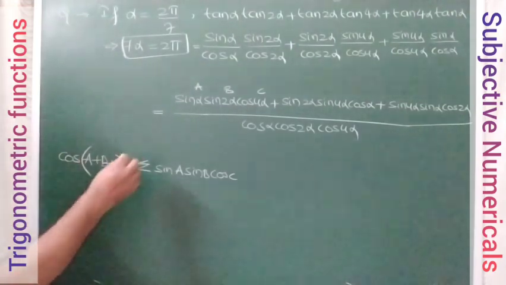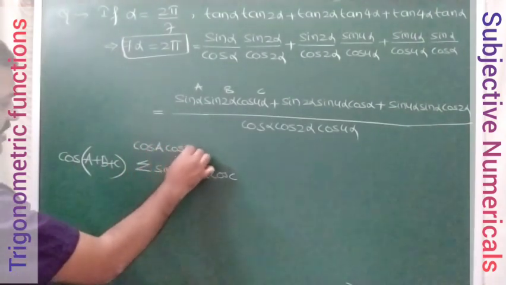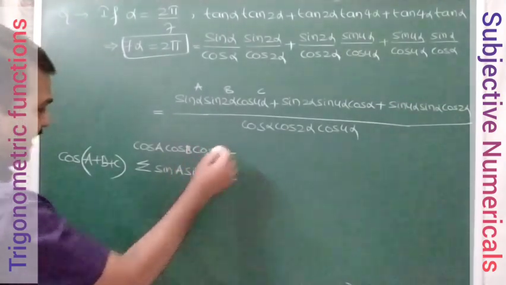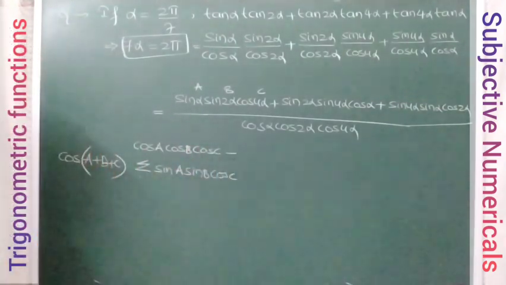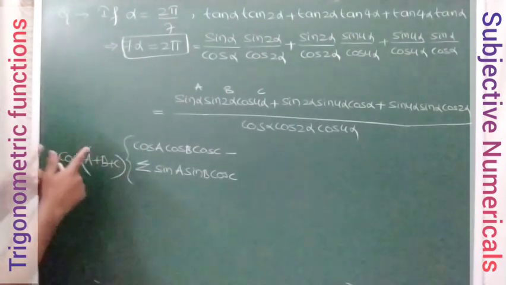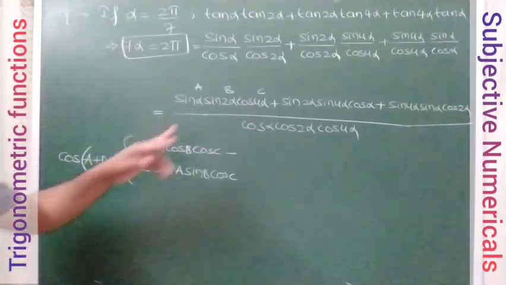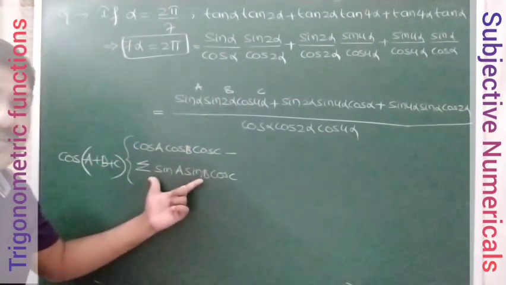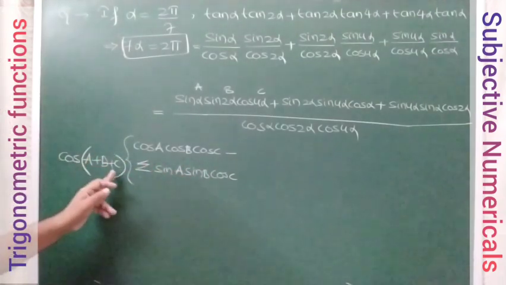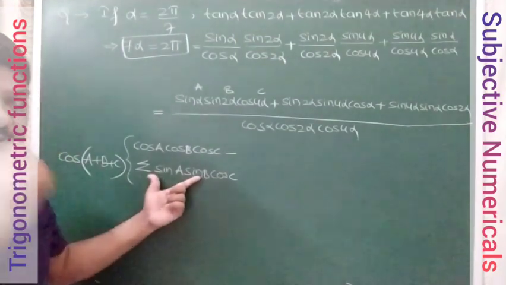Cos of A plus B plus C formula is cos A, cos B, cos C minus sigma sin A, sin B, cos C. So for cos of A plus B plus C, this is the formula. And the numerator is actually in this model. So using the cos of A plus B plus C formula, we will write the value of this now.